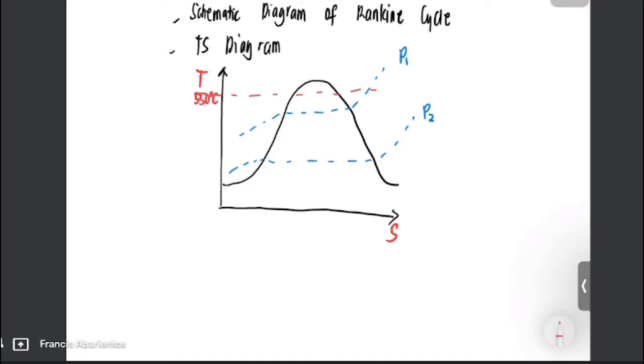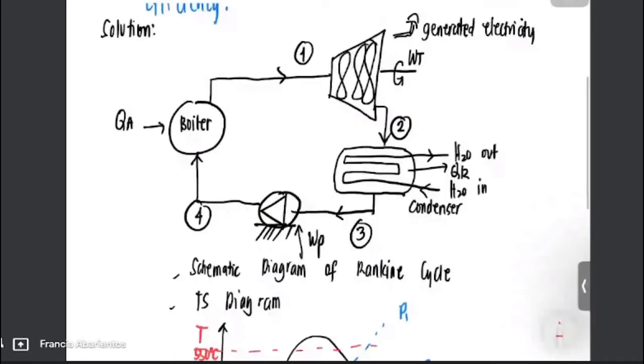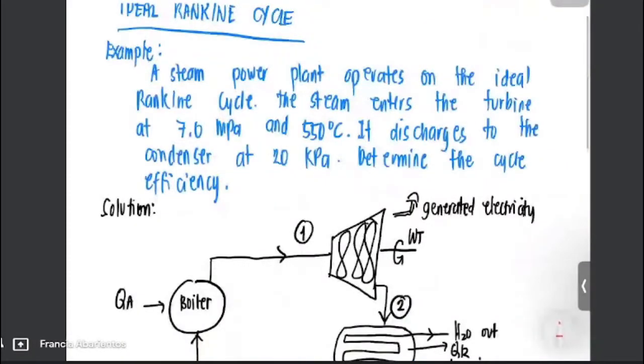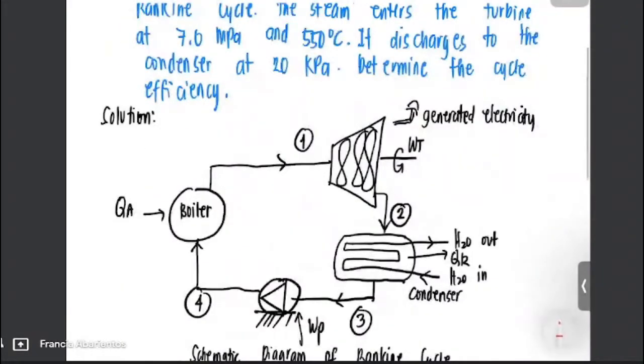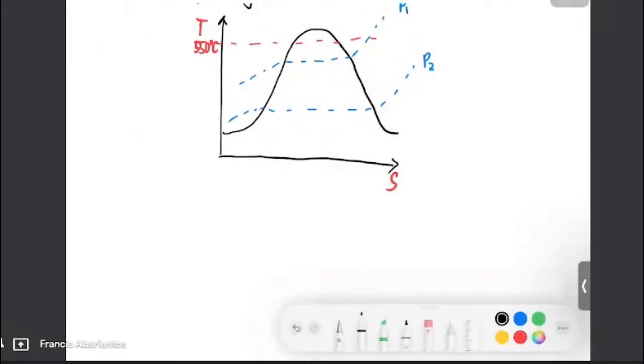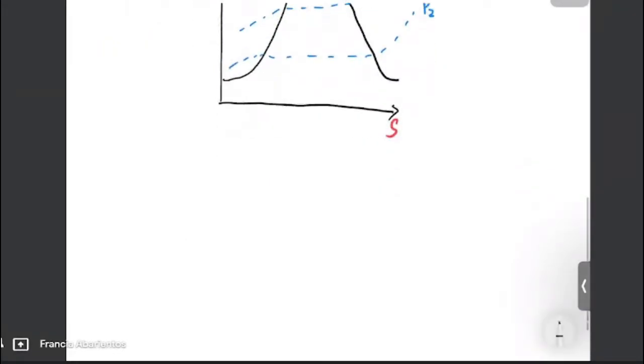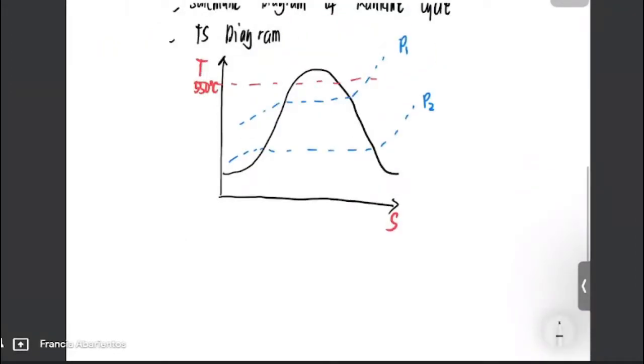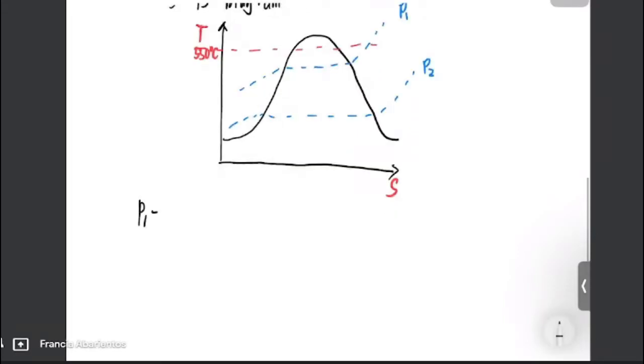But before drawing the TS diagram, we need to consider what is the given in the problem. That is 7 MPa and 550 degrees Celsius. Temperature at 1 is 550.